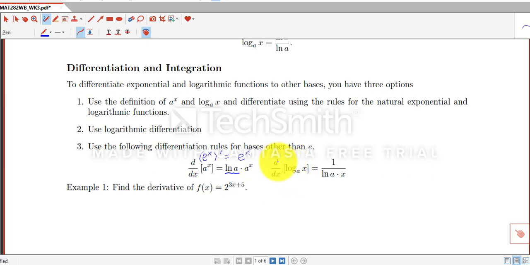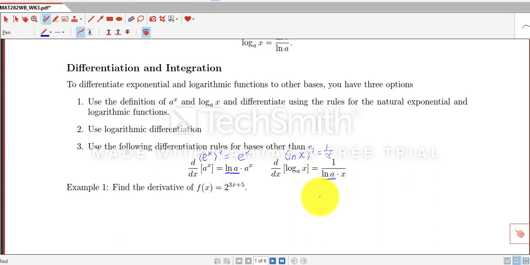Similarly, the derivative with respect to x of log base a of x equals 1 over ln of a times x. Again, it's very similar to the derivative of ln of x, which is 1 over x, and we gain the factor of ln of a.